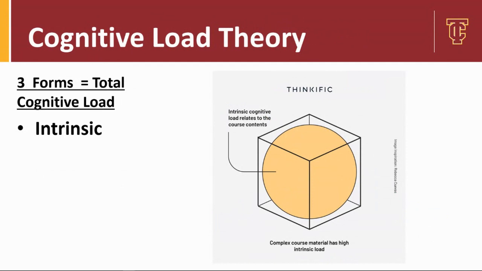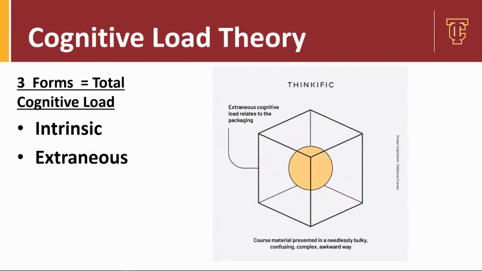In addition to the inherent complexity of the subject matter that we're learning about, we also have to think about what the learner already brings to the table, what she already knows about the topic, right? The intrinsic cognitive load is the inherent difficulty of the subject matter and the experience of the learner. This is what we call intrinsic cognitive load.